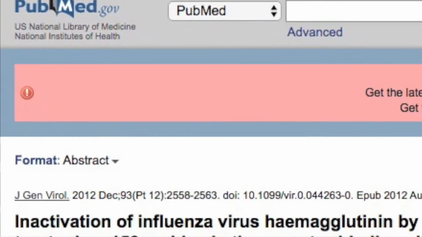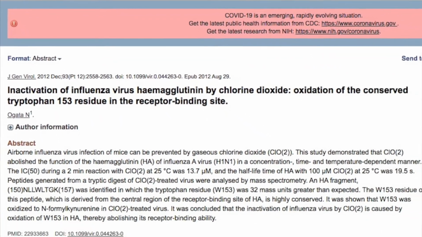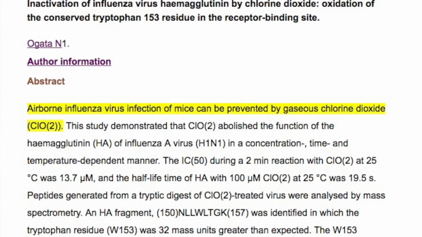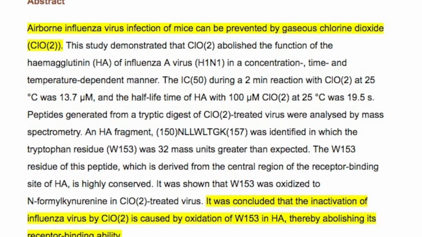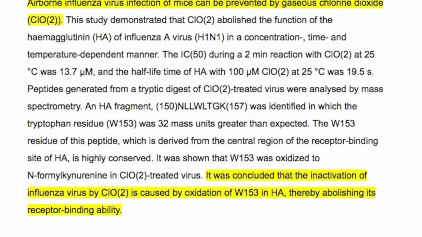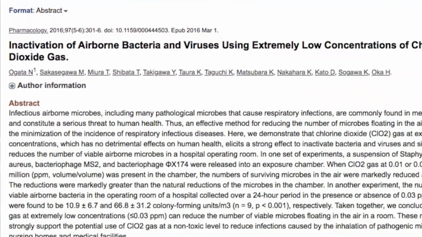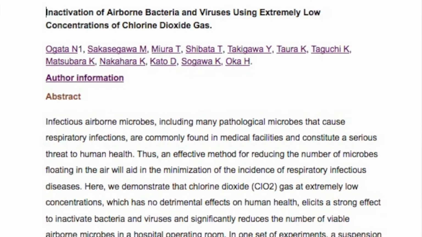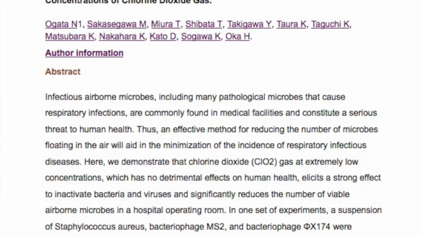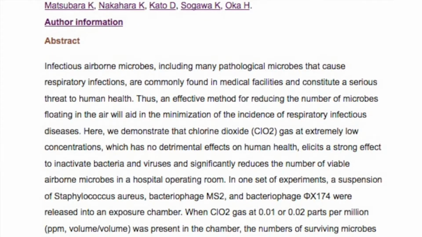Another study done in 2012 showed that a low concentration of chlorine dioxide gas inhibited the influenza virus by interfering with the receptor binding ability of the virus. Another study done in 2016 explored the inactivation of airborne bacteria and viruses using extremely low concentrations of chlorine dioxide gas.